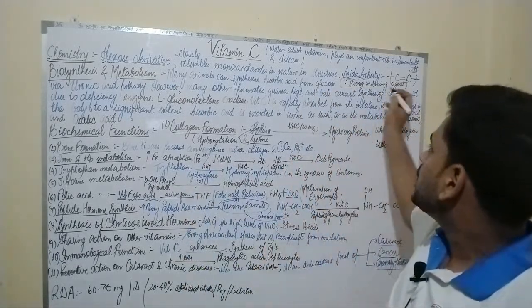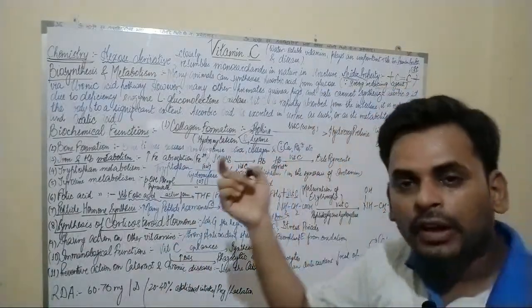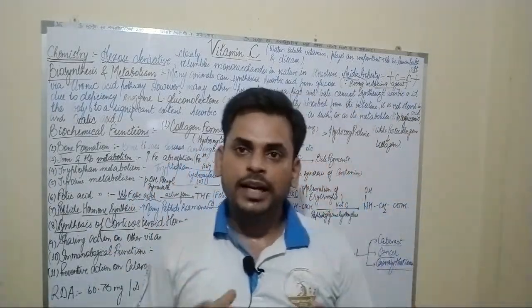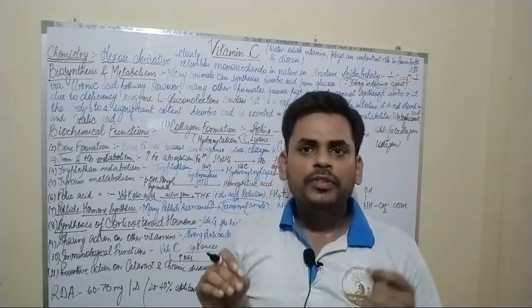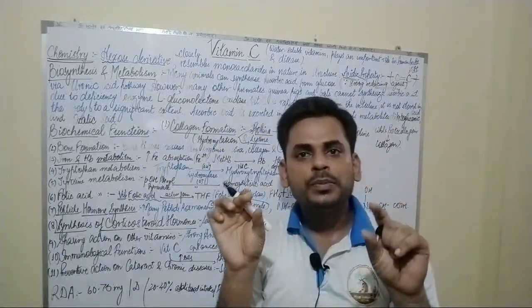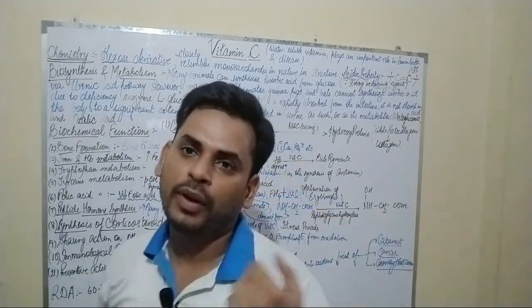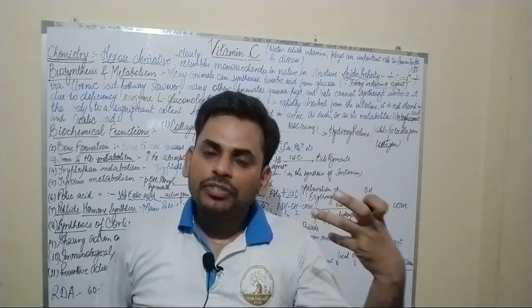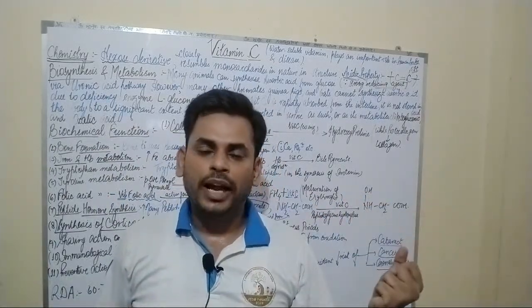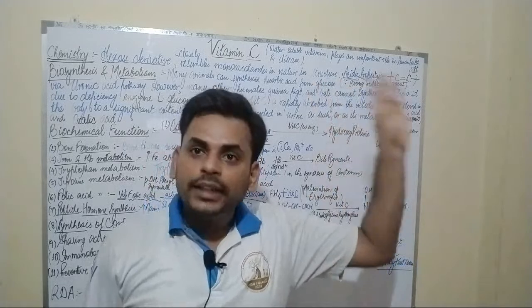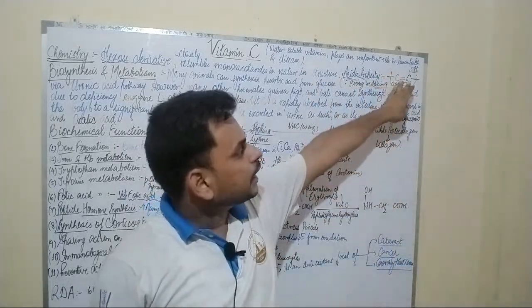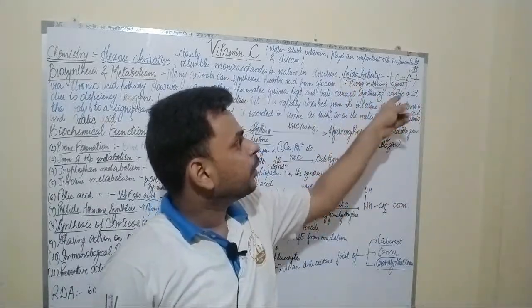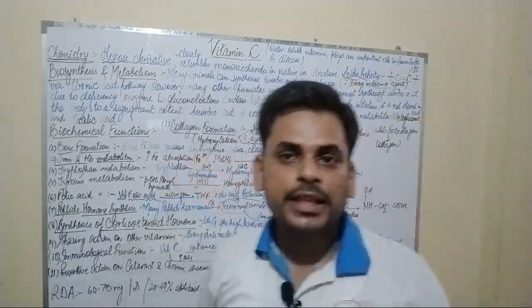And one more thing, since there is a double bond, students, in organic chemistry you might be very well aware that those compounds containing a double or a triple bond have the ability to add more hydrogens, thereby causing reduction. Since the double bond is present in the chemical structure of ascorbic acid, it also has a strong reducing character.